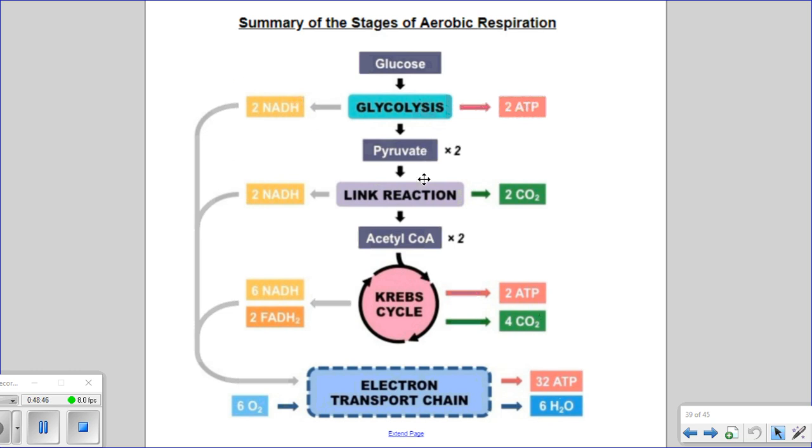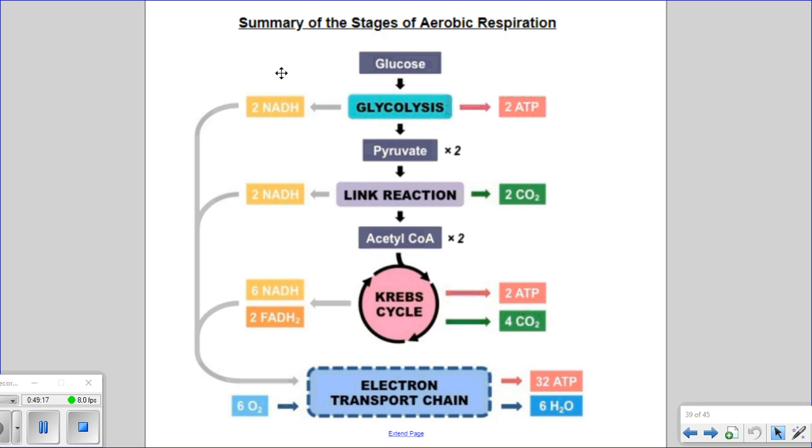That glycolysis results in the generation of two pyruvate molecules, which go into the link reaction, which will generate two NADHs, but will also generate two CO2s. At the end of that link reaction, we've generated two acetyl coenzyme A molecules, which then enter into the Krebs cycle. From the Krebs cycle, we generate two ATPs as well as four CO2s. We also generate six NADHs and two FADH2.